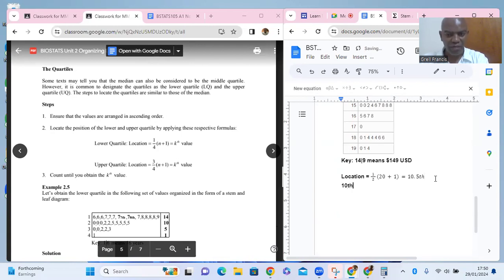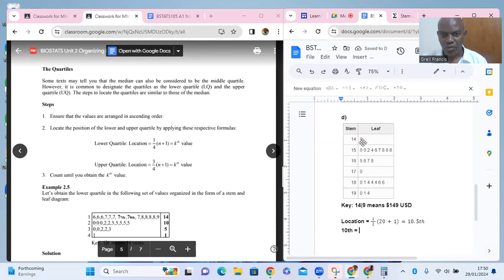So the 10th value, in my case, I'm going to start counting. 1, 2, 3, 4, 5, 6, 7, 8, 9, 10. My 10th value is 158. And my 11th value is 165. Okay. 1, 2, 3, 4, 5, 6, 7, 8, 9, 10, 11.